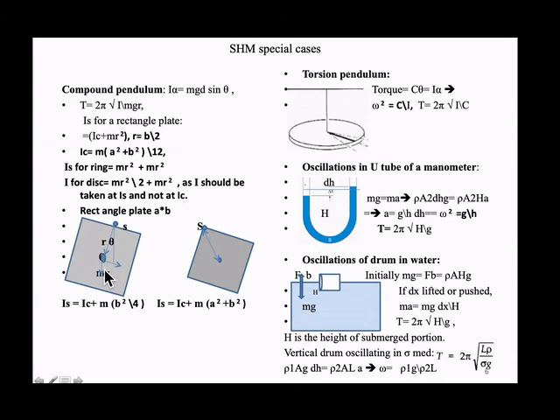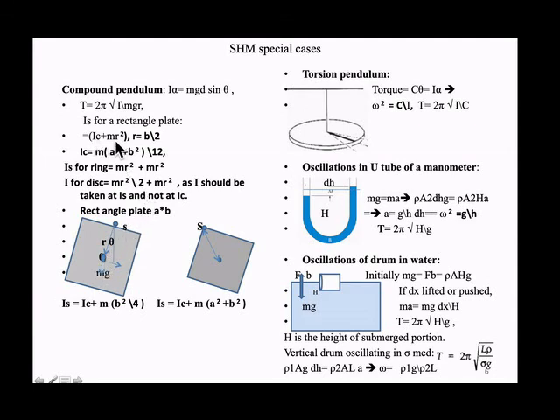This is mg, and the perpendicular to this is mg sin theta into d. This is the torque on that, which is equal to I_s alpha. How is I_s taken? Ic plus mr square. This is the parallel axis theorem. Ic plus md square is I_s. This we call d.